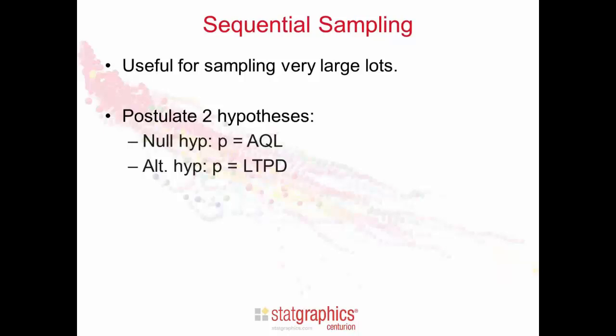You start by specifying an AQL and an LTPD. The AQL, that's the worst quality you're willing to accept on average. The LTPD, that's the worst quality you're willing to accept in any lot.